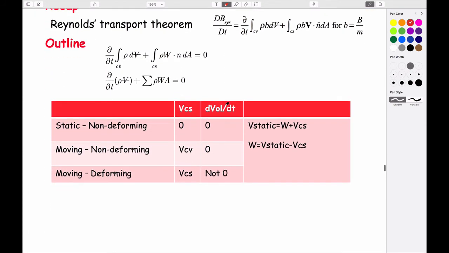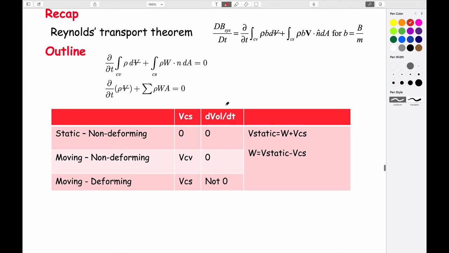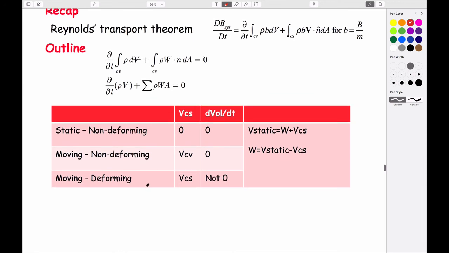We have to be cognizant of the fact that if we have moving, deforming and moving control volumes, then we can always do the mass balance by taking this component here, which has to be equal to, we can get it from the static velocity, the out of the control surface velocity plus the velocity of the control surface, which is this expression here.